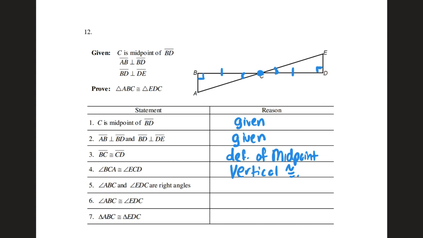Angle ABC is congruent to angle EDC. How do I know that? Definition of perpendicular lines. We know that if two lines are perpendicular, they form a 90-degree angle. Angle ABC is congruent to angle EDC. That's just the definition of congruence, since both are 90-degree angles.